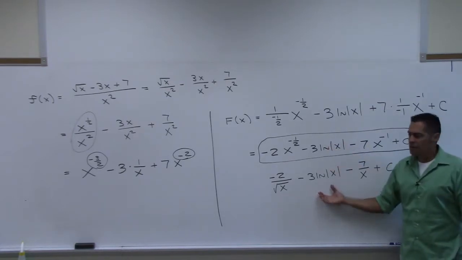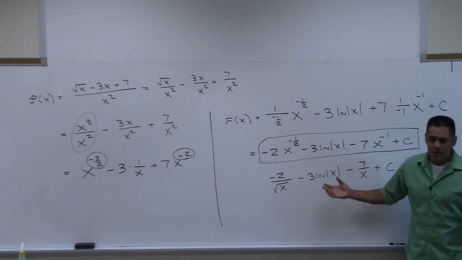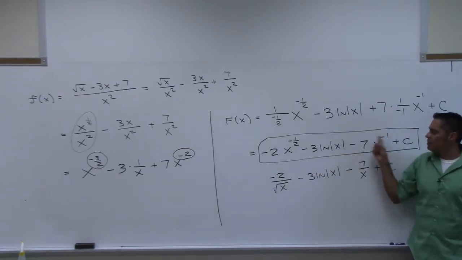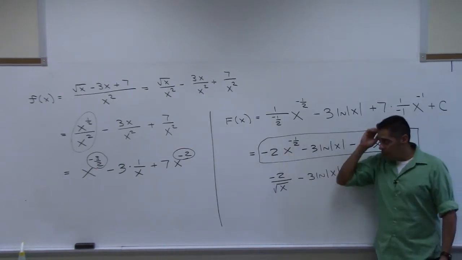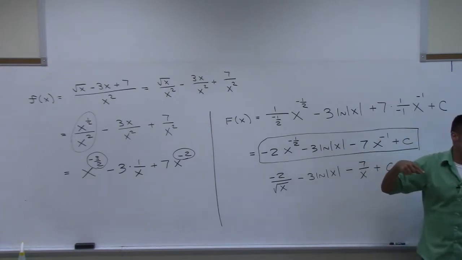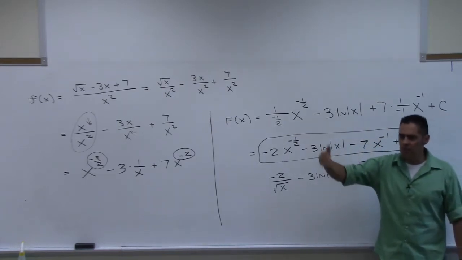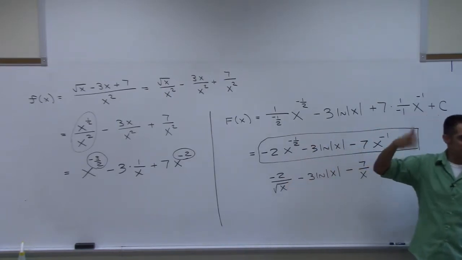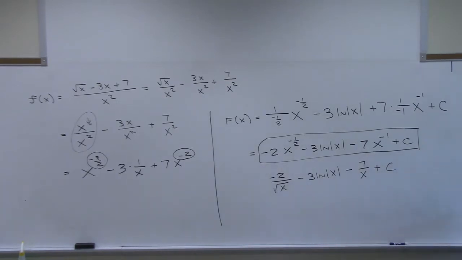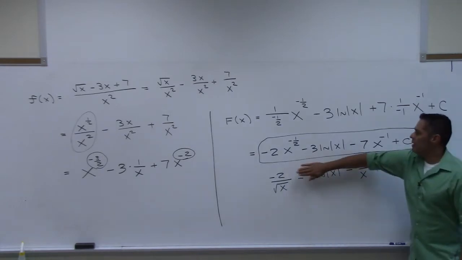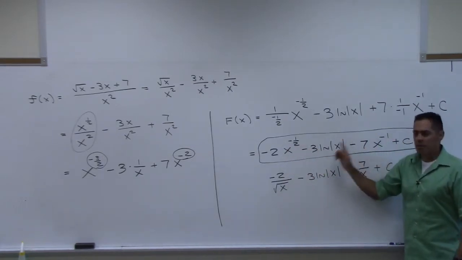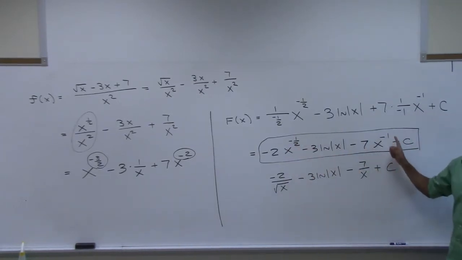Okay? Either one of these, they're both correct. Sometimes we want to leave it like this because maybe we want to do the antiderivative again. You know how we did first derivative, second derivative, third derivative? Maybe we want to do the antiderivative more than once. We won't do it here, but we could, theoretically. And you'd want to leave it in this form because you have your n's right there, right?